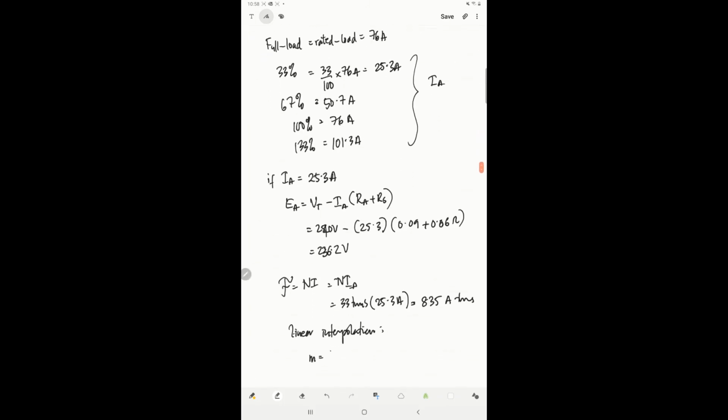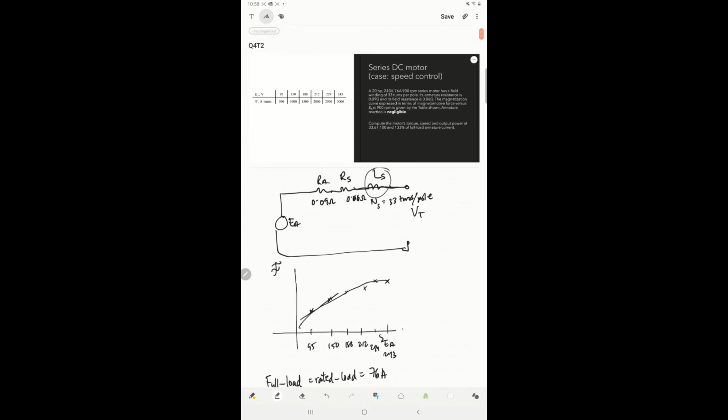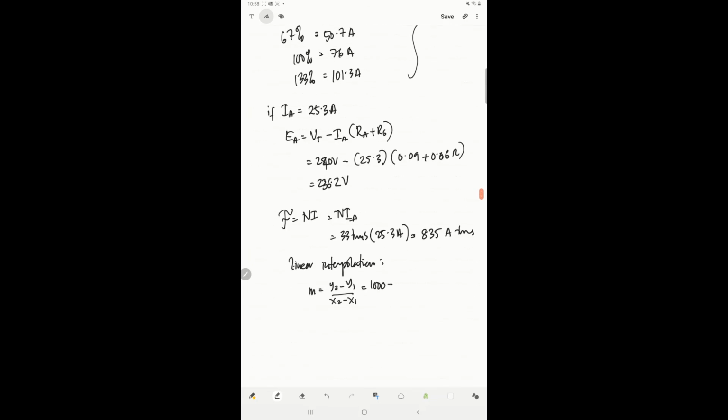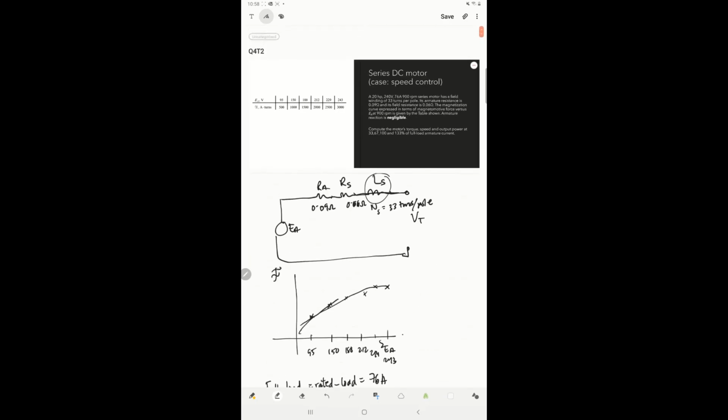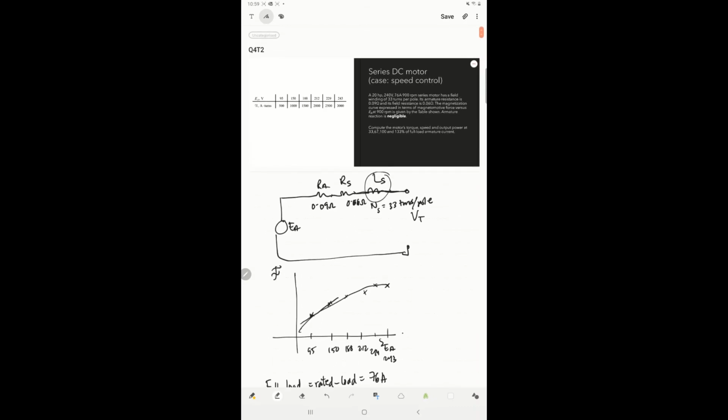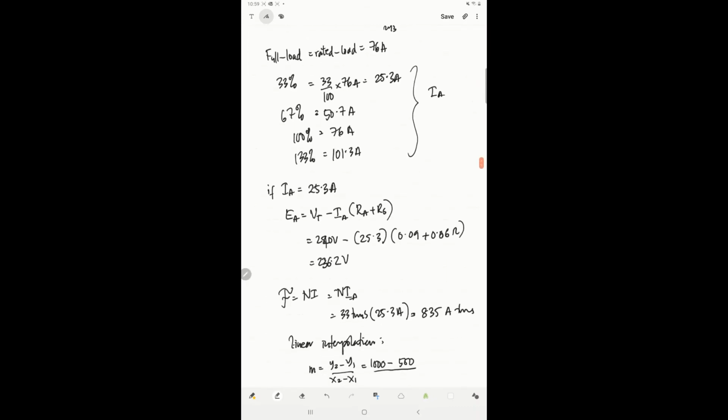M is y2 minus y1 over x2 minus x1. So y2 here is the F, so 1000 minus 500, divided by x2 minus x1, 150 minus 95.